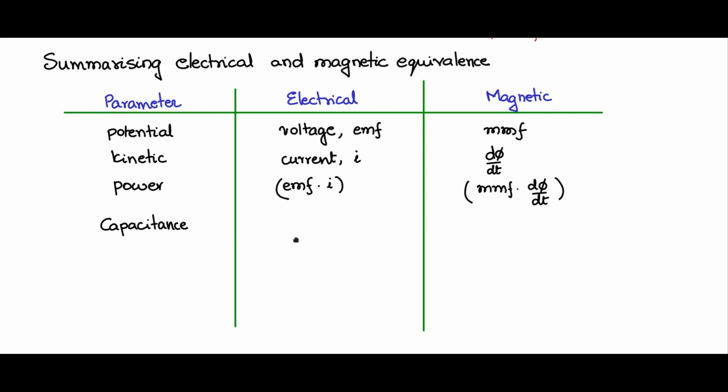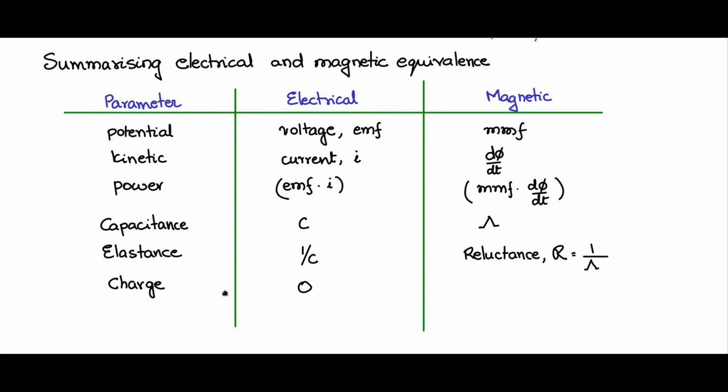Capacitance in the electrical domain is C, and in the magnetic domain it is permeance. Elastance in the electrical domain is 1 by C, and in the magnetic domain it is called reluctance R, which is 1 by permeance. Charge in the electrical domain is Q, which is integral of I dt. Here it is phi.